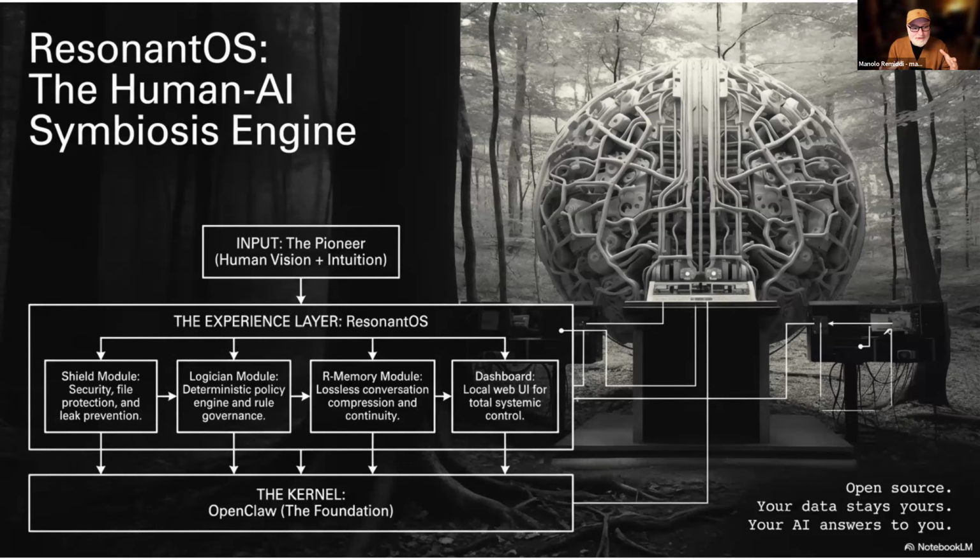But also, this shield needs to protect us as humans, from ourselves, from drifting away, from getting manipulated from external information and so on. So this is what we are building.